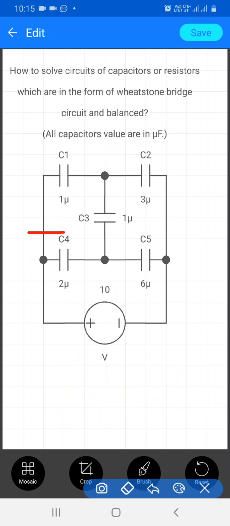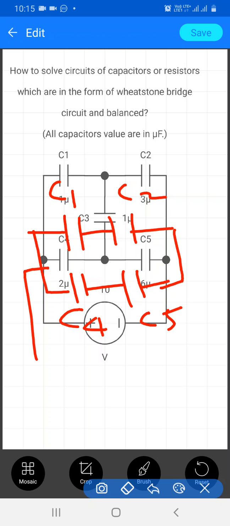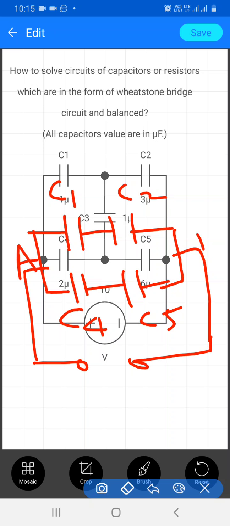For the new circuit, I put here C1 and I put here C2, then I put here C4 and last one C5, and here is the battery connected, and here is A and B. So we simply open this C3.